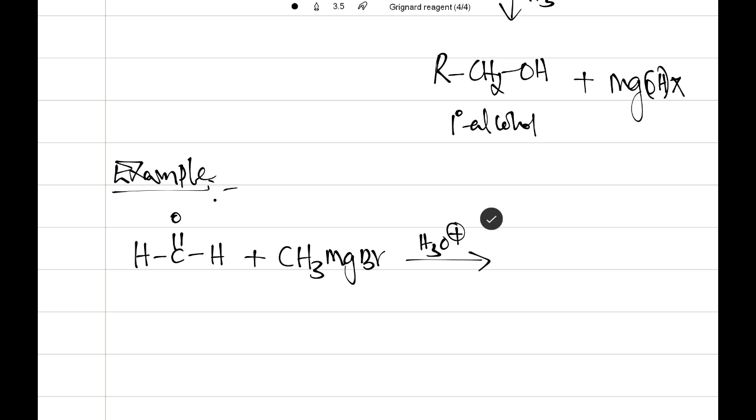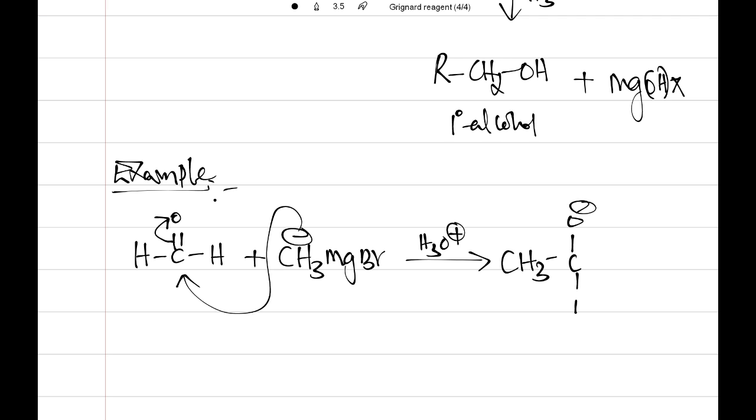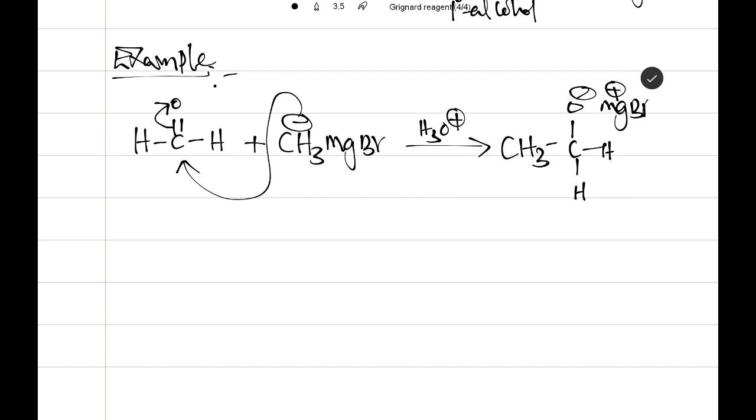As usual, CH3 minus attaches to the electrophilic carbon, electrons shift towards the oxygen, and we can get CH3, then O minus, here it is hydrogen, and O minus is attached to MgBr with the positive charge on the magnesium.